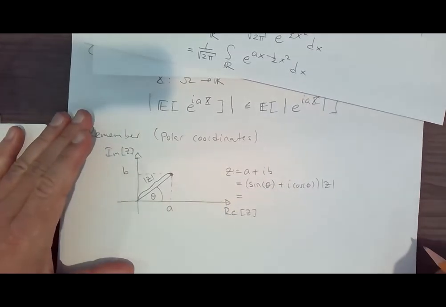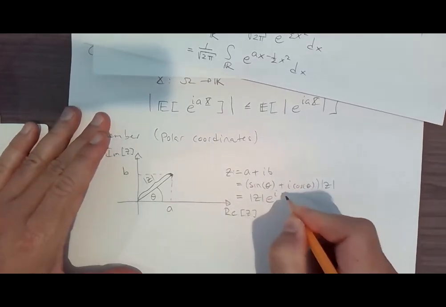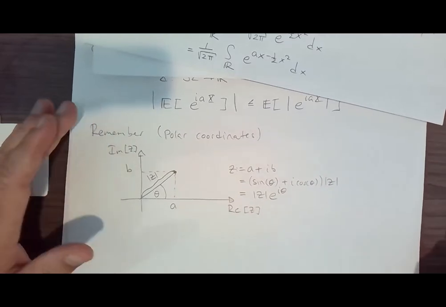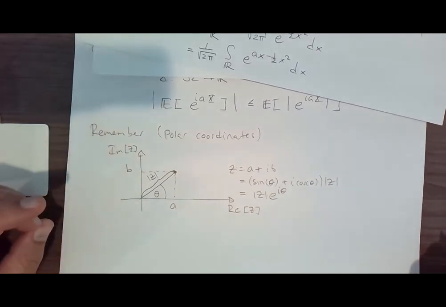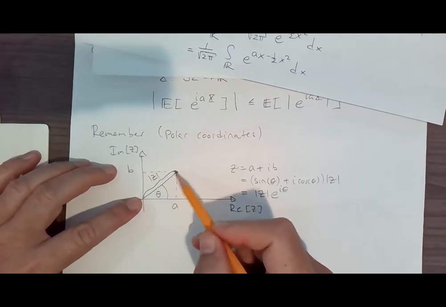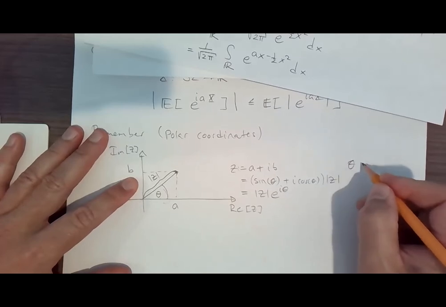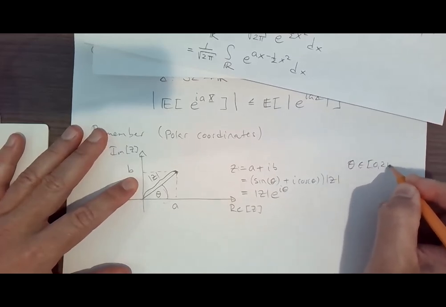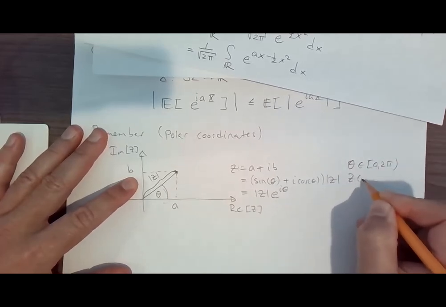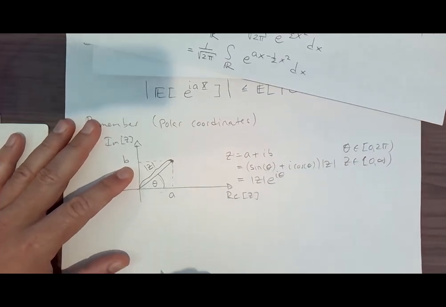And you can also write this here as the length times e^(iθ). So a number in R2 can be expressed in terms of an angle. Theta here is something that runs between 0 and 2 pi, and the length is something that runs between 0 and infinity.